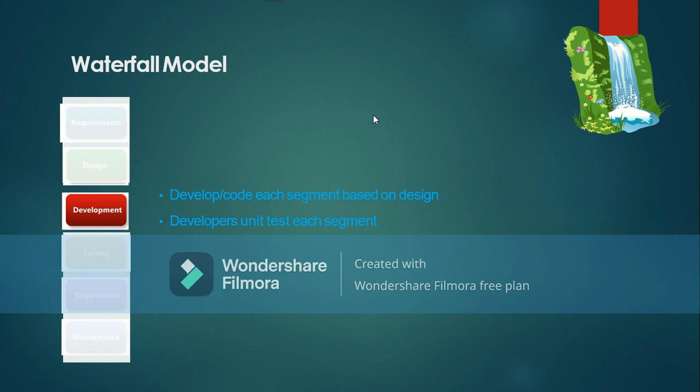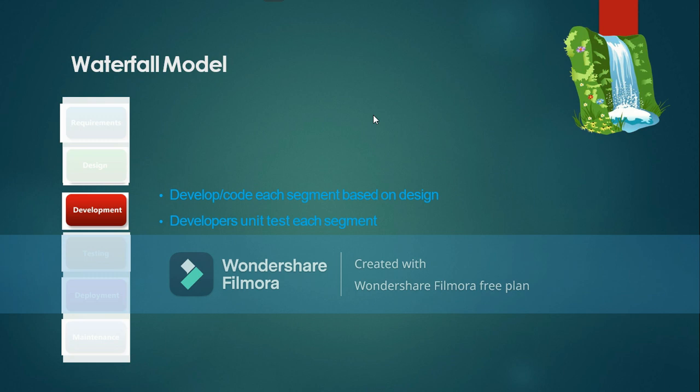They will further work on how they are going to automate the system. They will develop based on the design that they have received from the design phase. And here only, once you are doing all the development, it's usually the developers who are doing the unit testing.